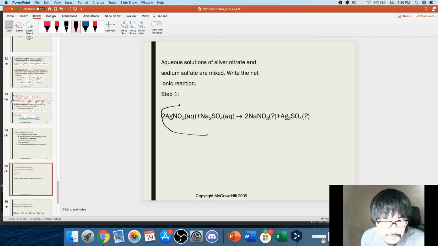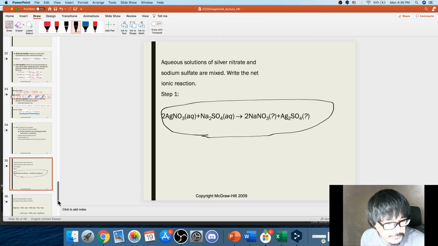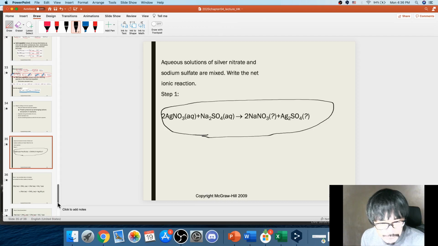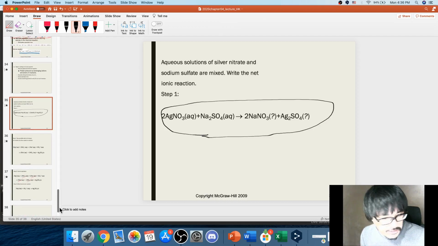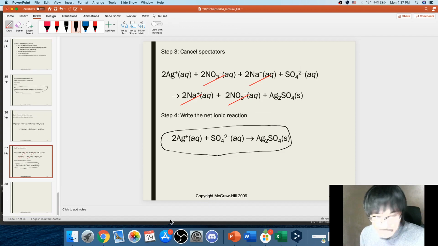You can probably do these things when you have time, so stop the video and check whether you get this or not. I think that's probably about it. The final net ionic equation should look like this. I think that's good enough.